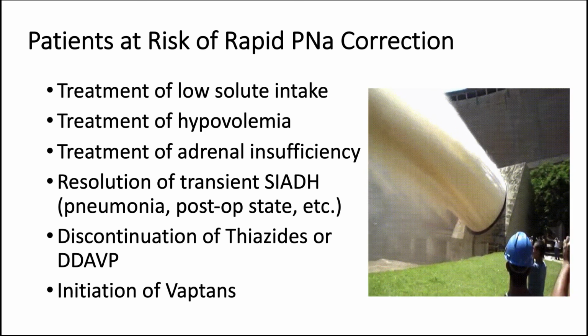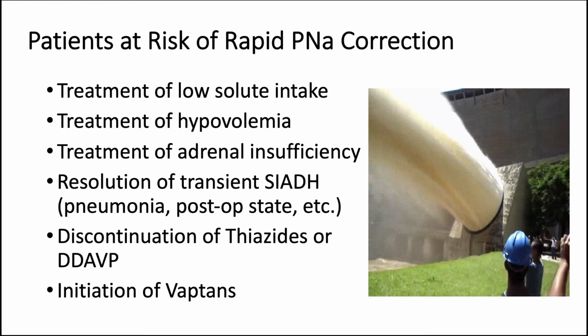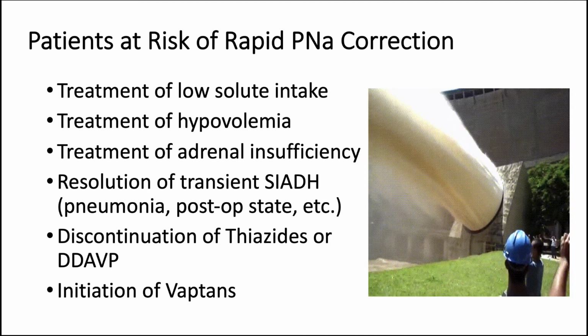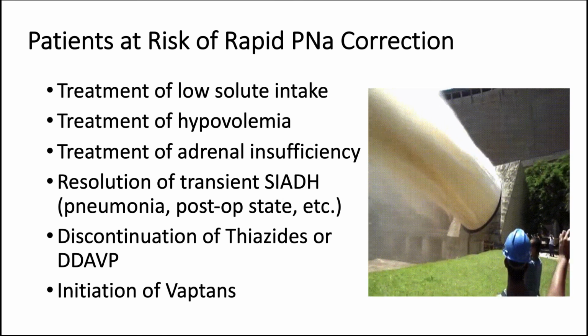And when you start vaptans, you're blocking ADH actions all of a sudden. That is the same mechanism. You're turning off ADH, water diuresis will happen. Actually, vaptans have been associated with rapid correction of hyponatremia. There are even a few cases of osmotic demyelination syndrome associated with vaptans reported in the literature.